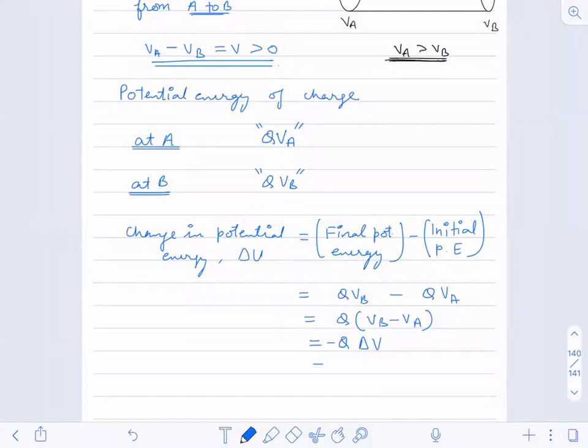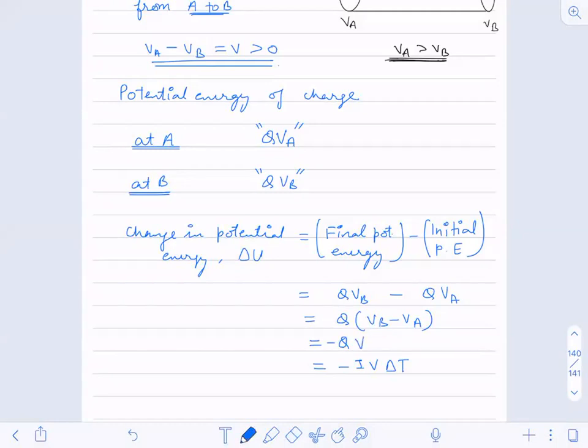Now as we know, the charge Q I can write as I into T. So I can write this as minus I, V into delta T, where delta T is the change in time. Sorry, I have taken this as V, so I'll take it as V only.